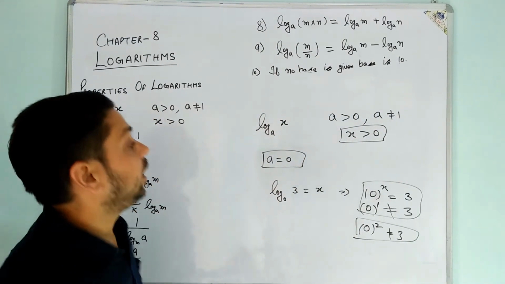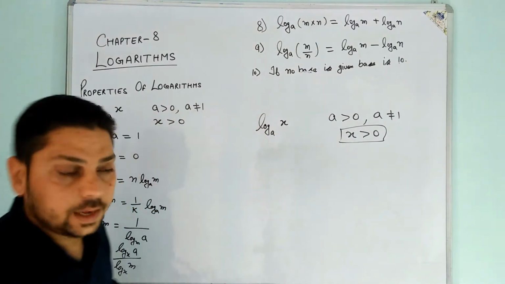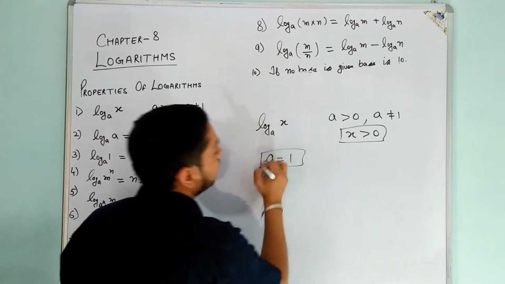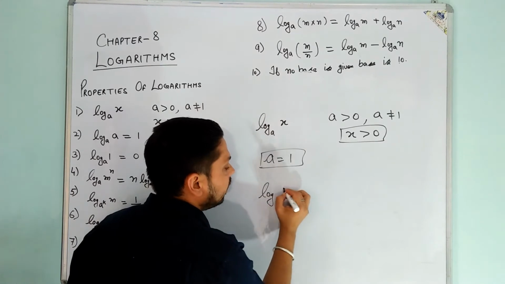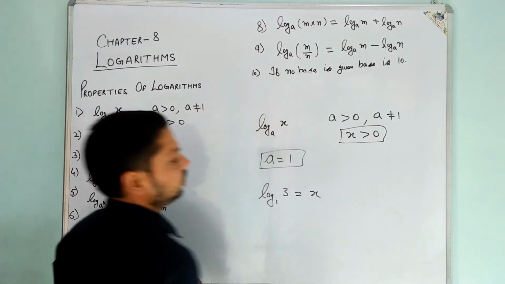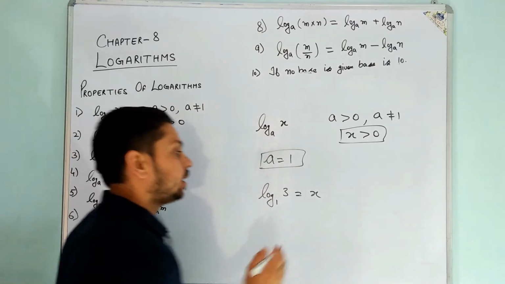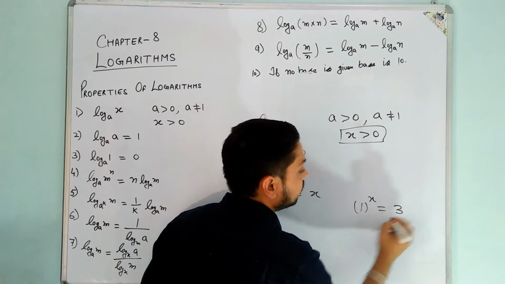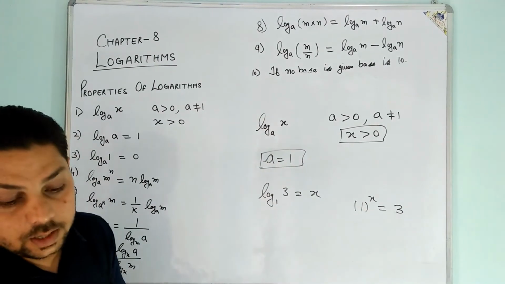Next, if we take a is equal to 1, in that case log of 3 with base 1 is equal to x. Let it be x, I don't know what the value is. Then 1 raised to power x is equal to 3.